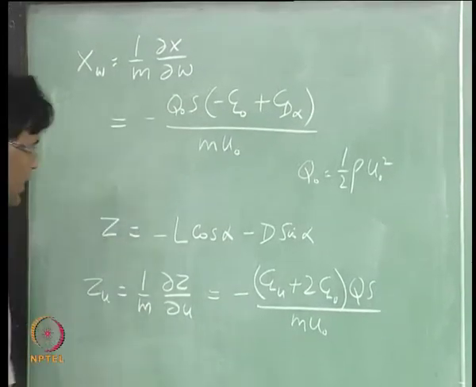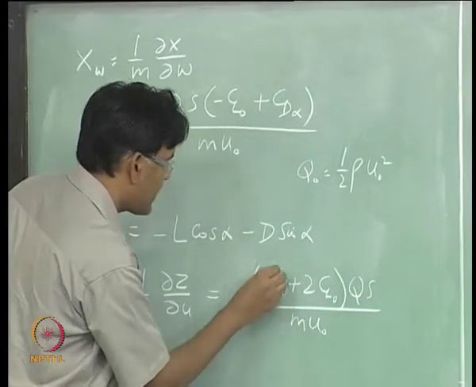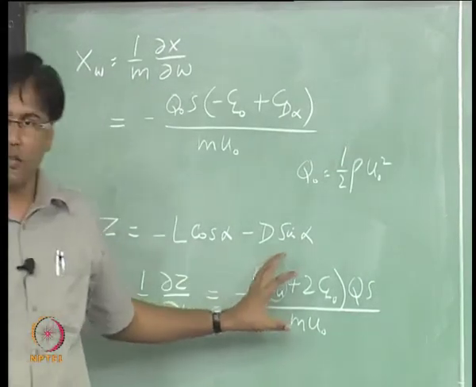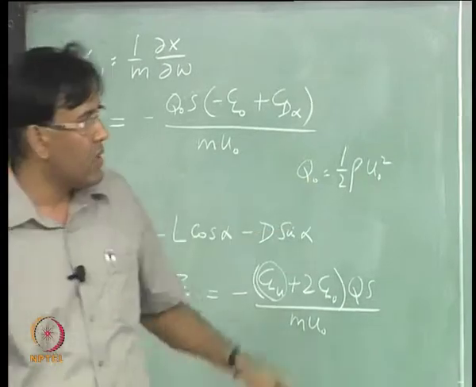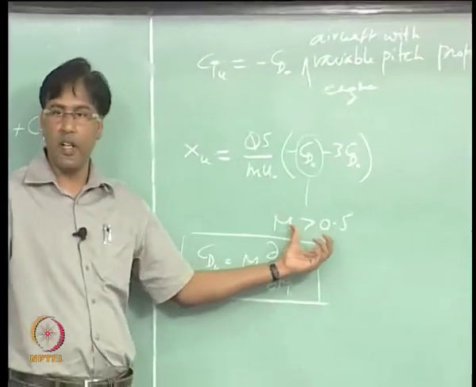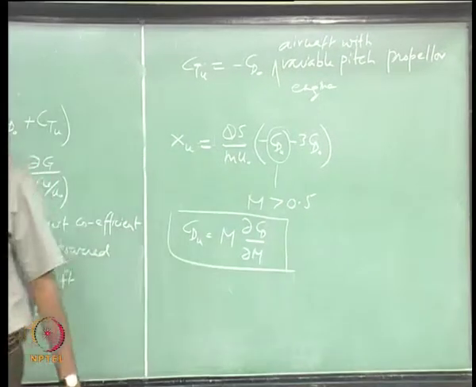Let us look at what CLU is. Again, this is going to be only significant when you are in this range of speed, Mach number greater than 0.5.